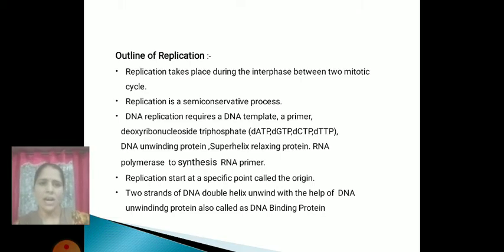Replication starts at a specific point called the origin of replication. The two strands of the DNA double helix unwind with the help of DNA unwinding protein, also called DNA binding protein, so that the two strands are unwound.